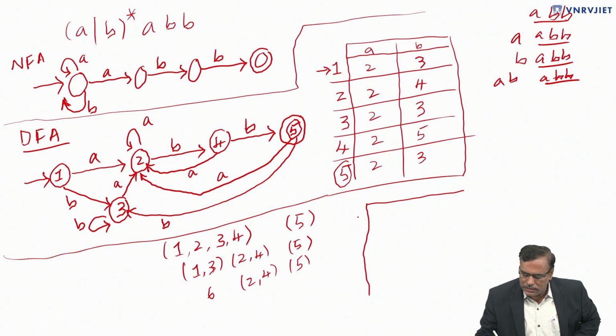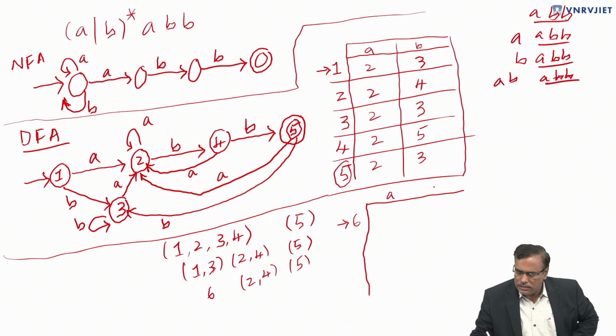What are the new states? Wherever this 1 or 3 is there, in that place you take the new state, that is 6. And you know this 1 is a start state, therefore this 6 becomes the start state.